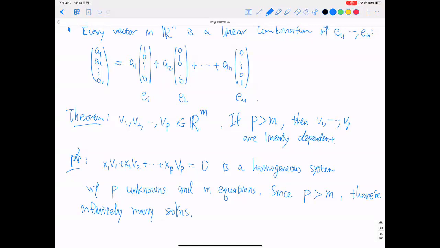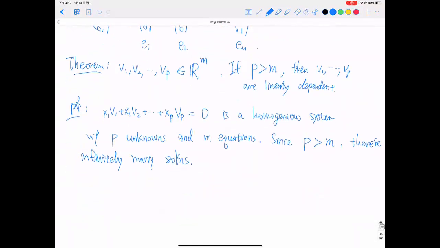So that's it. This theorem is just telling you that if you have more than m vectors in Rm, then they are linearly dependent.